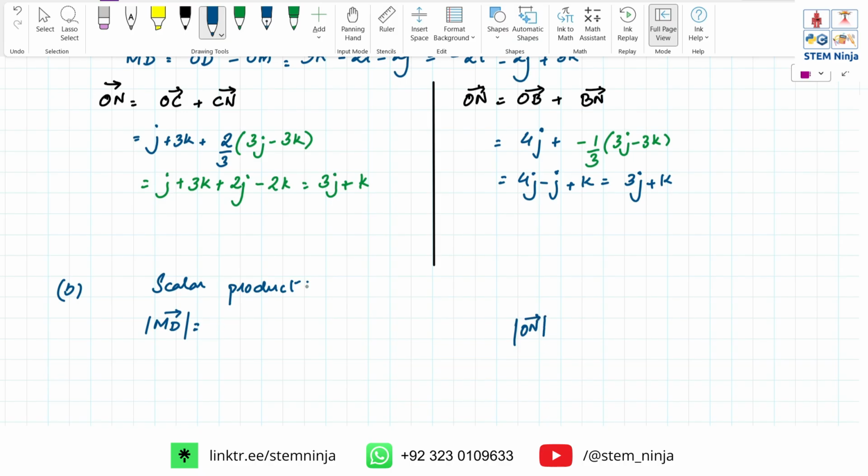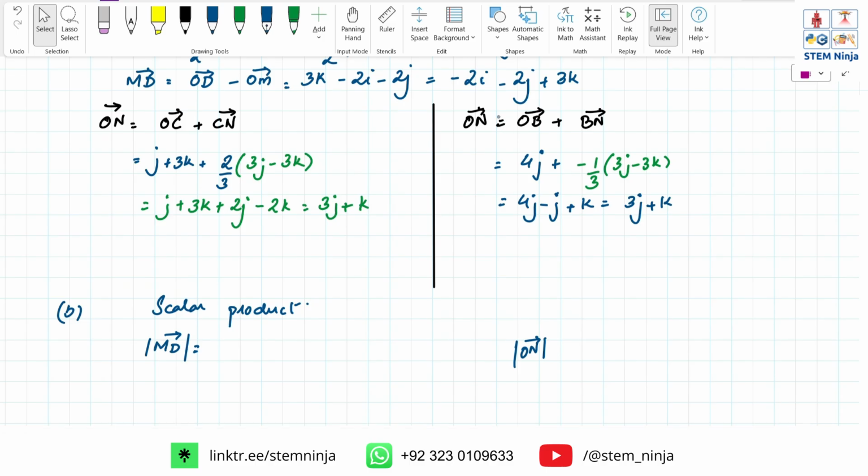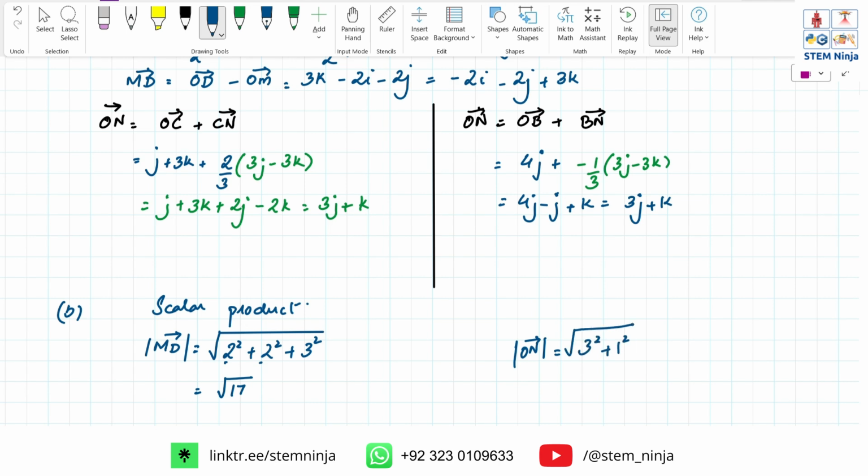So MD length would be 2 squared plus 2 squared plus 3 squared, and this would be 4 plus 4, 8, 8 plus 9, root 17. This one is 3 squared plus 1 squared, so this would be square root of 10.